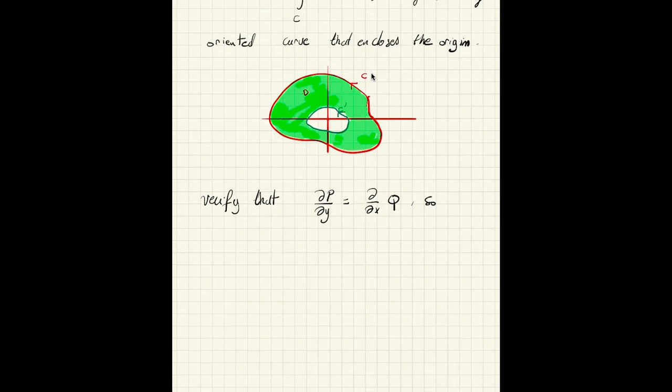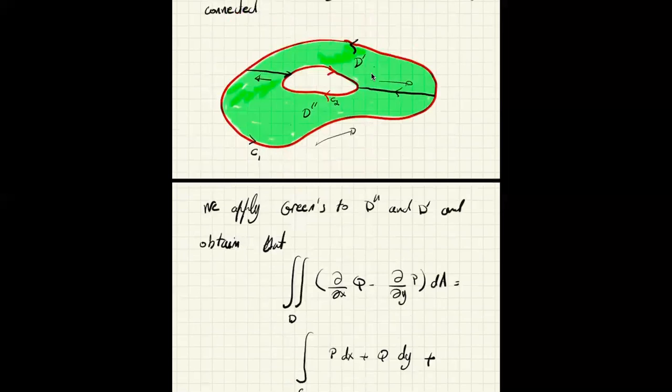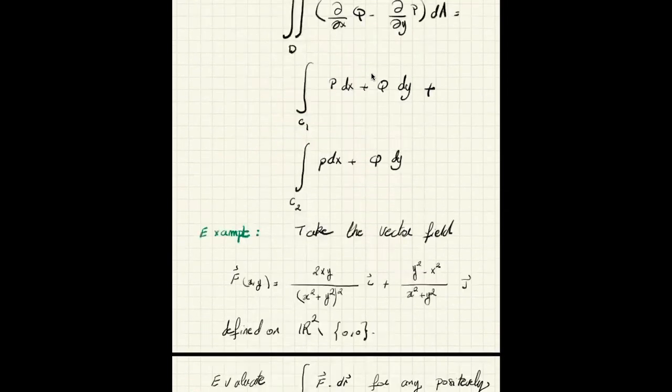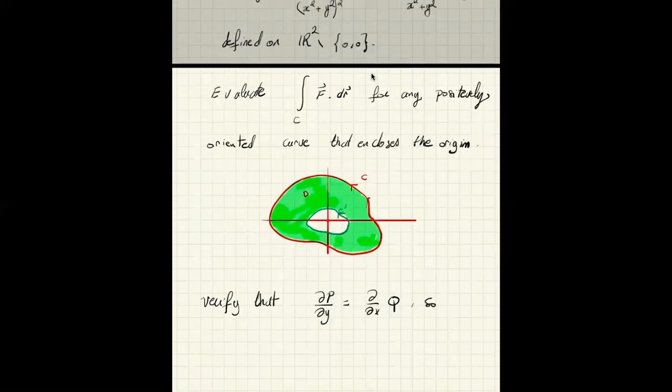Now remember the orientation of this. You go on one side counterclockwise, but then you have to go clockwise on the inside. It's a bit confusing, I know, but go back to what I said about the orientation of the inner curve.